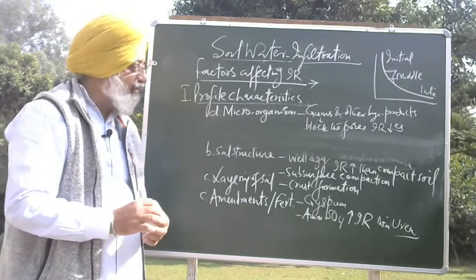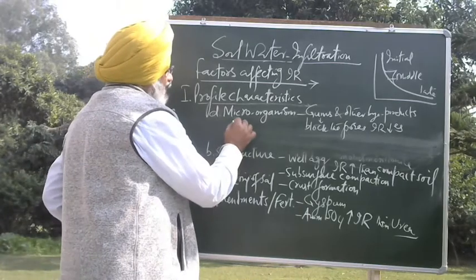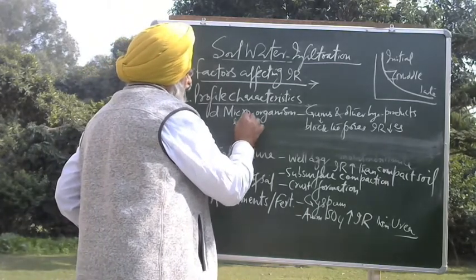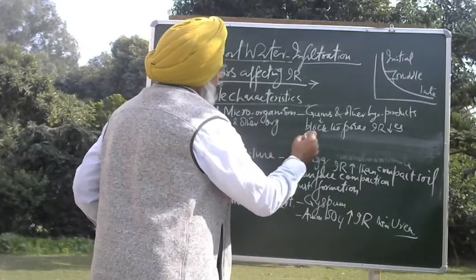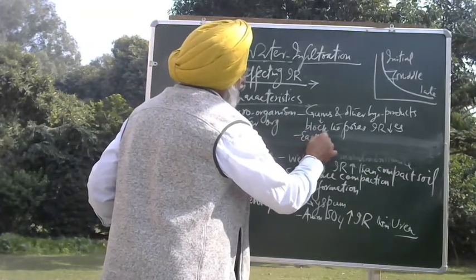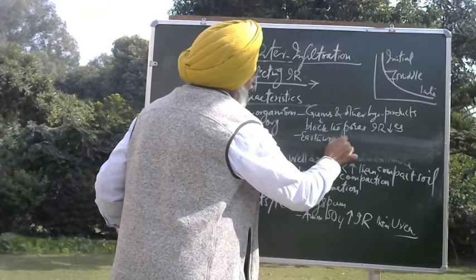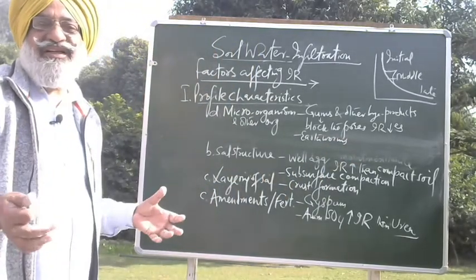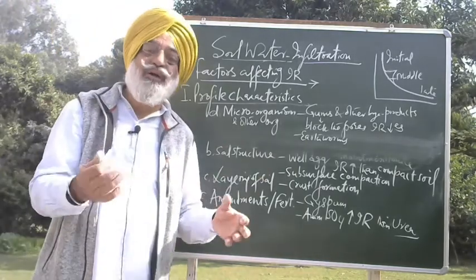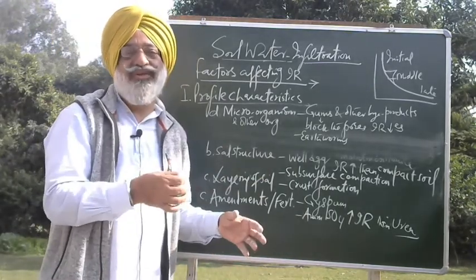On the other hand, you have microorganisms and other organisms, I should say. And among other organisms you have earthworms. Now we know that earthworms make burrows into the soil. So they drastically increase the infiltration rate, which may not be desirable from a soil physics point of view.